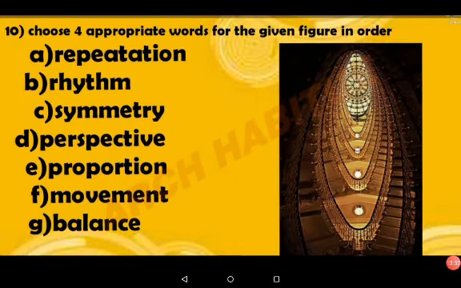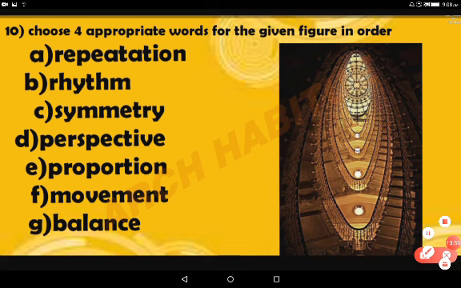this is our 10th question. Yes, we can see repetition, some sort of repetition, but we can keep it aside. There is rhythm. Yes, there is of course symmetry. Yes, there is perspective.